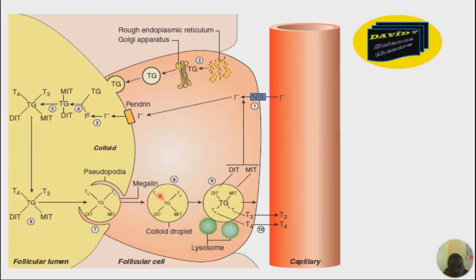It is taken into the epithelial cell and traverses the cytosol to the basal surface, where the droplets of colloid combine with lysosomes, and the proteases there cleave off the hormones, and thyroglobulin is left apart and the cycle restarts. The T3 and T4 then enter the blood. That is step 10.